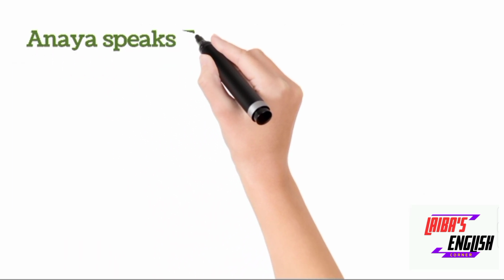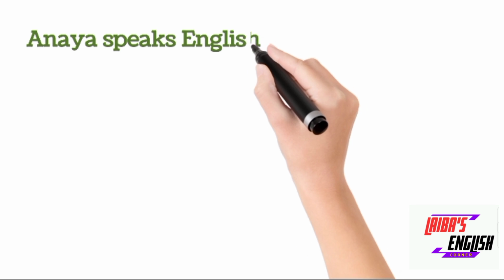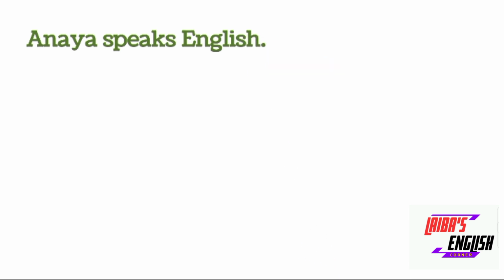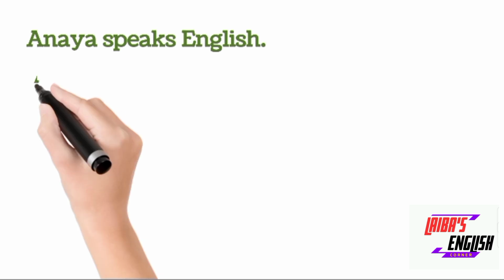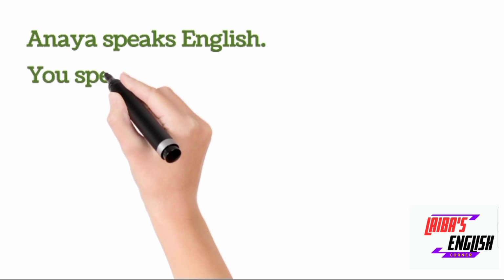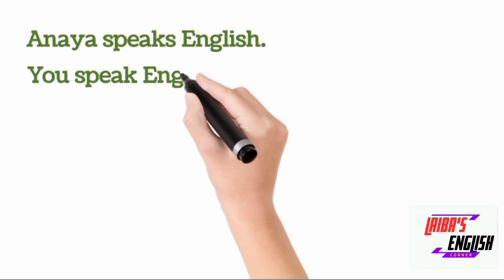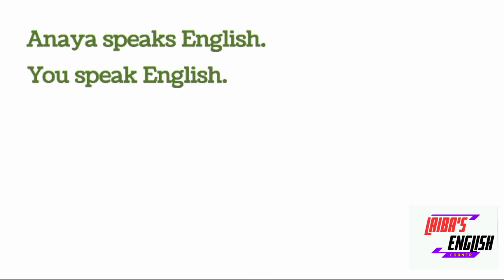Further, we will see more examples to make our concept even more clear. For example, Anaya speaks English. Why do we use S? Because with a name, he, she, it, we use S and ES. You speak English. We don't use S here. Why?